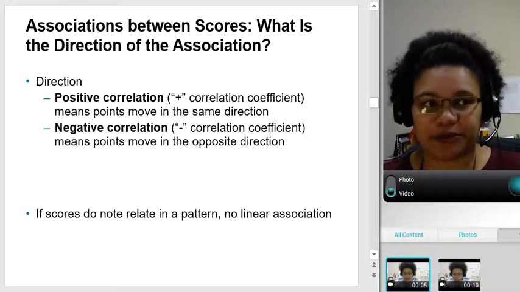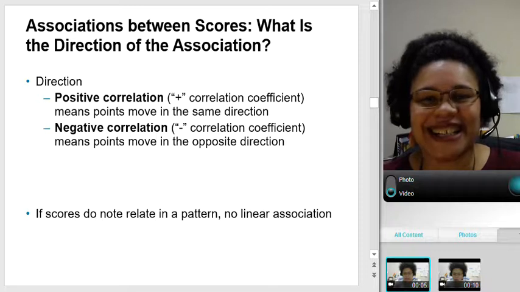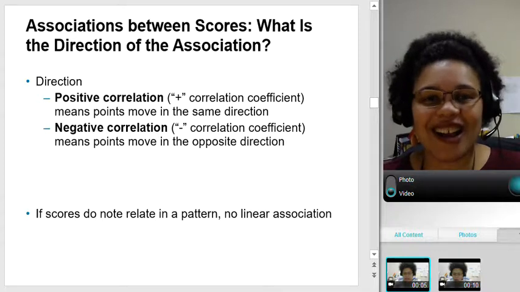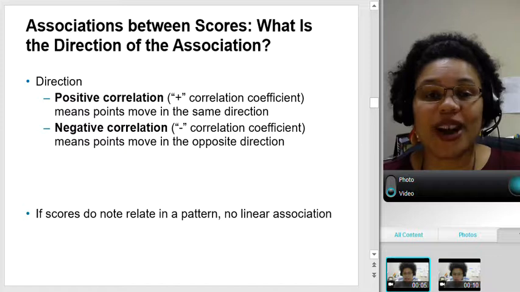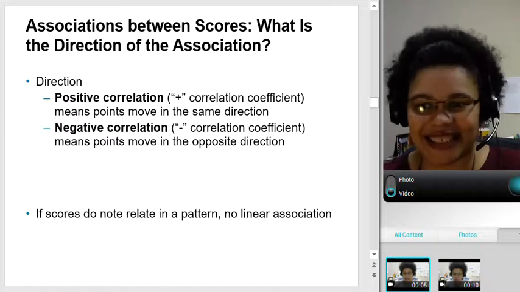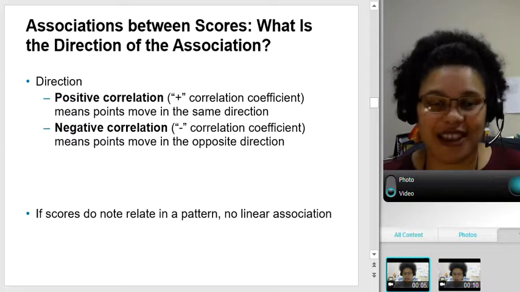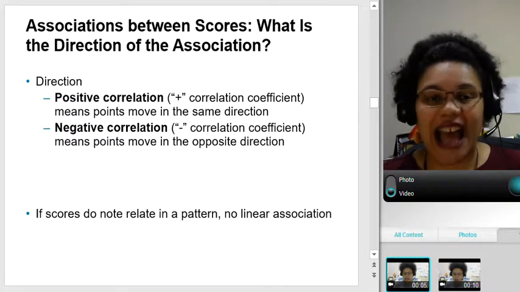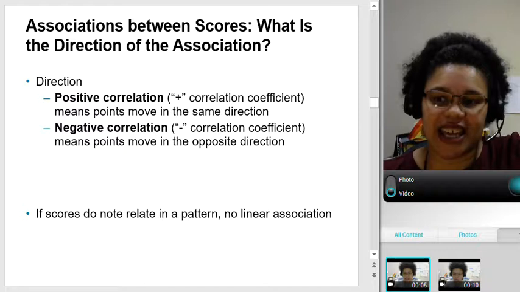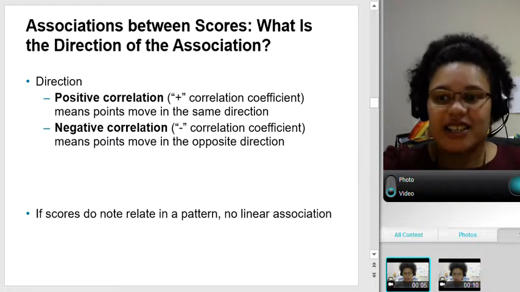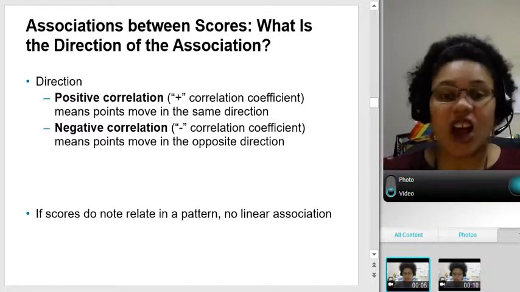So, for example, the more I eat, the more I'm likely to weigh, right? As the calories I eat goes up, so does my weight. That's a positive correlation.